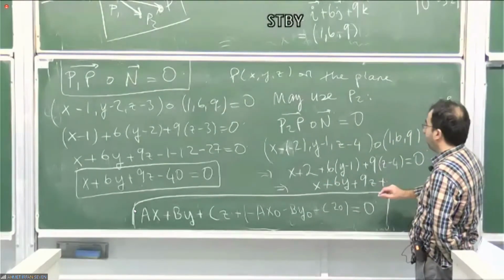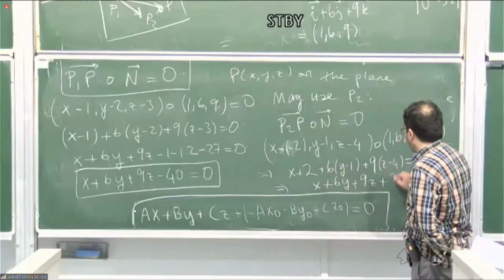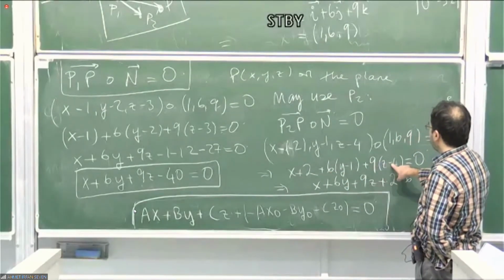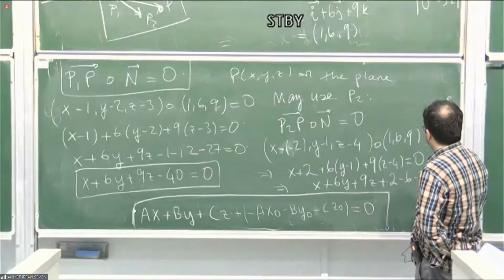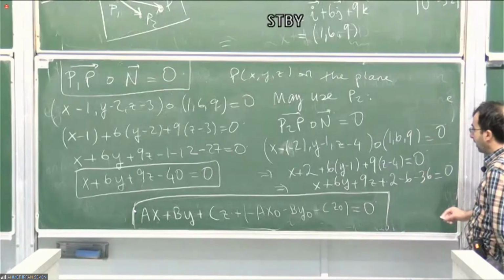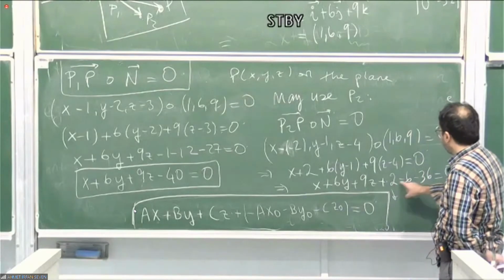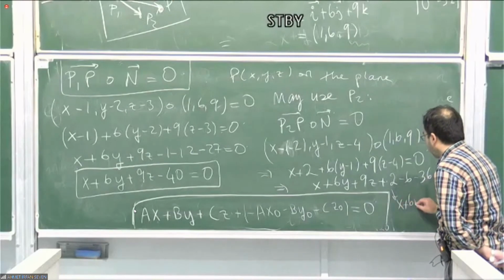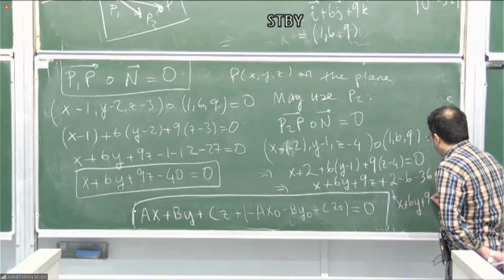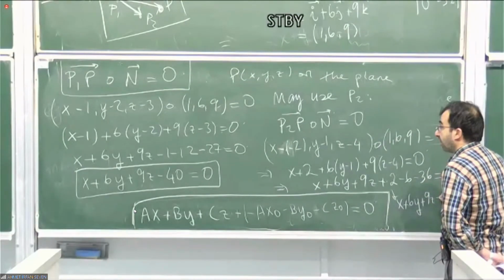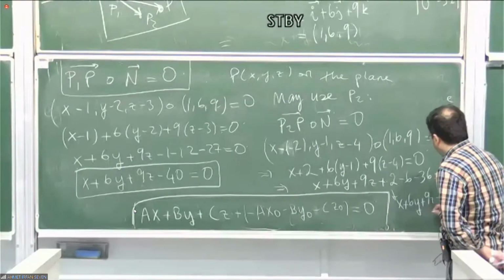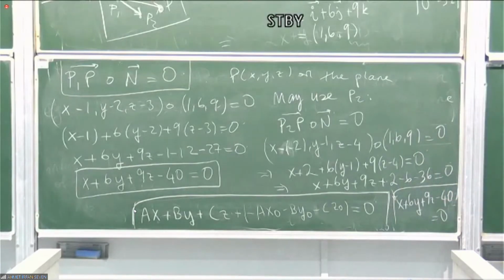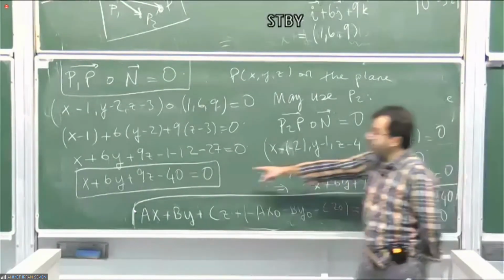Plus, all right, let's see what we will get. I have 2 minus 6, 9 times minus 4 is minus 36, equals 0. And again, this sum is going to be minus 40. So x plus 6y plus 9z minus 40 equals 0. Yeah, you see I got the same equation.